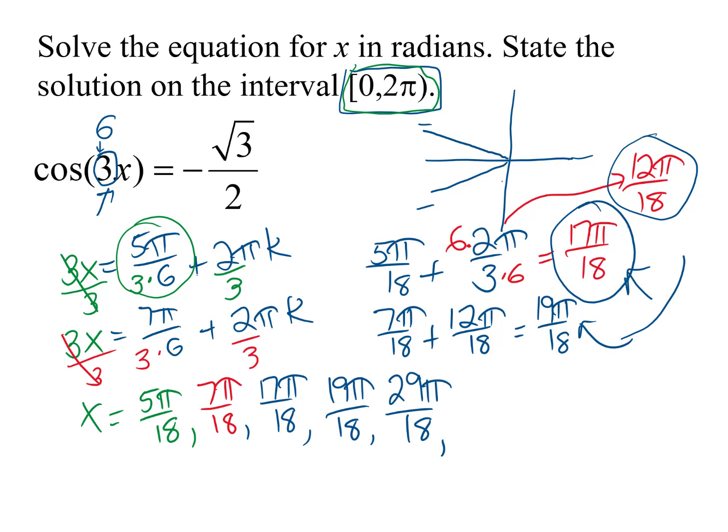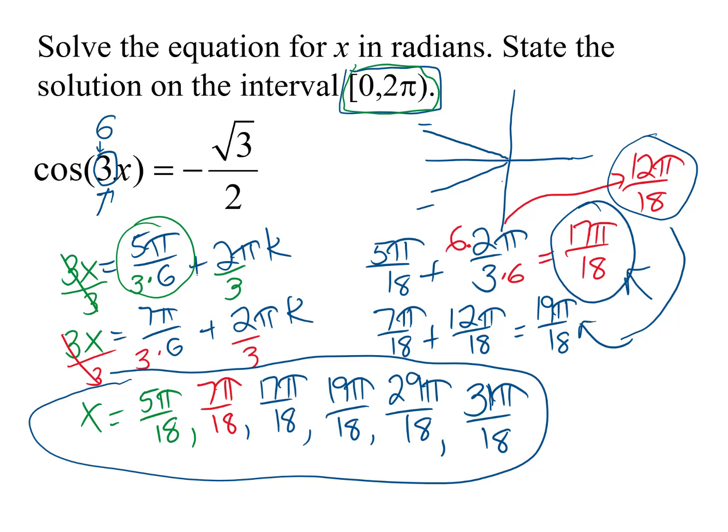I need to add another 12 pi 18ths, and that would give me my last angle, which would be 31 pi 18ths. And that's still less than 2 pi, because if you doubled 18 you'd be 36. So 36 pi 18ths would be 2 pi. So we're still within that range, and we've got our 6.